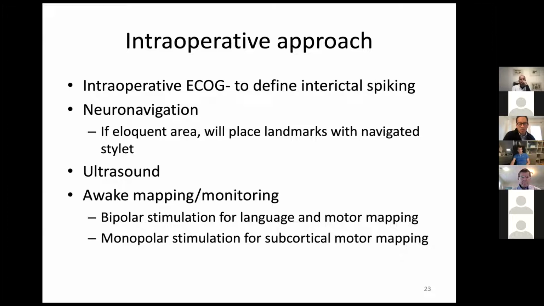That's one of the main reasons I use the neuronavigation, in addition to localizing the boundaries: to actually place intraparenchymal landmarks in order to adjust for shift. Third is ultrasound, and fourth is awake mapping and monitoring whenever possible, with bipolar stimulation for language and motor mapping from the cortex, and then monopolar stimulation for subcortical motor mapping. So this is the standard approach that I use in patients that have low-grade glioma associated with seizures.